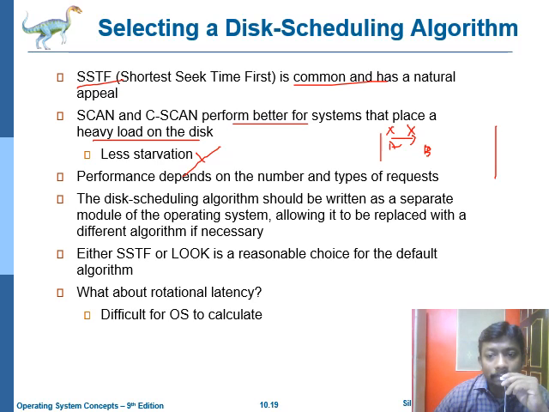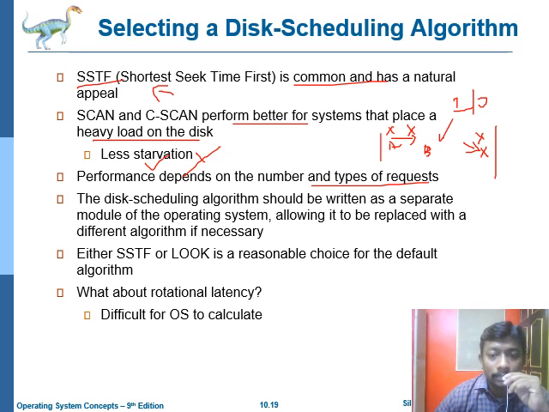Say, every time an input output request comes with a shorter seek time, some sectors, say X, will not get serviced since they have a very long seek time. That is the starvation considered here in SSTF. So compared to SSTF, SCAN and C-SCAN give less starvation. Performance depends on the number and types of requests.